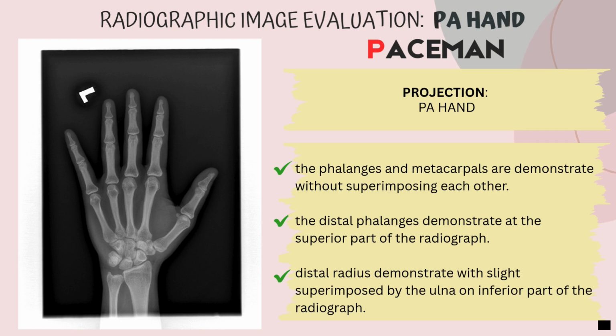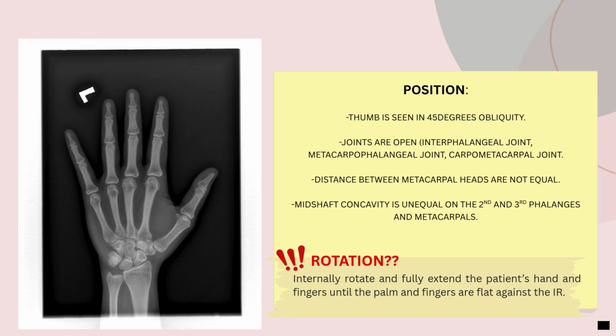I say so because it shows the phalanges and metacarpals are demonstrated without superimposing each other. The distal phalanges are demonstrated at the superior part of the radiograph, and the distal radius is demonstrated with slight superimposition by the ulna on the inferior part of the radiograph.